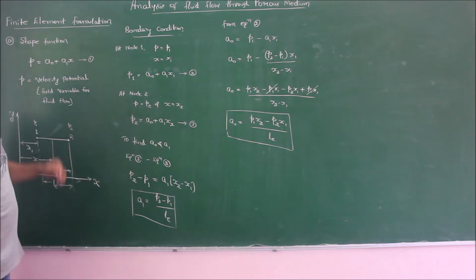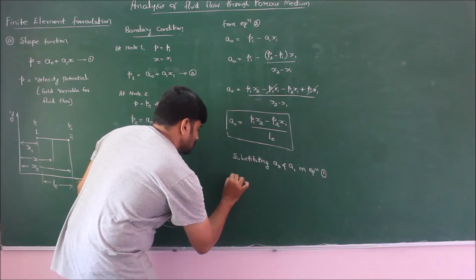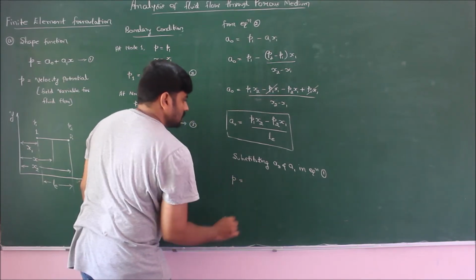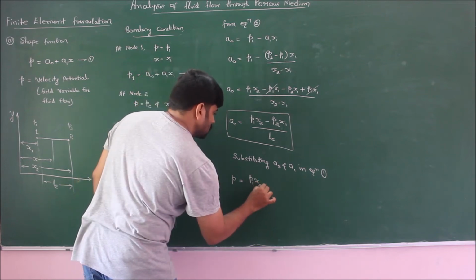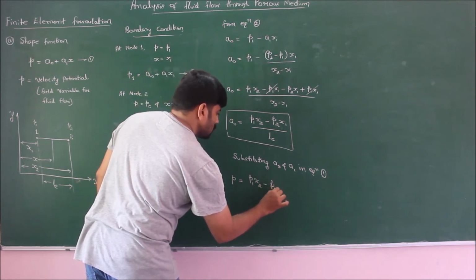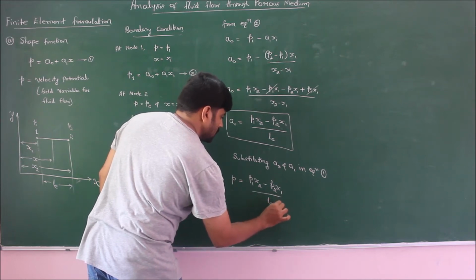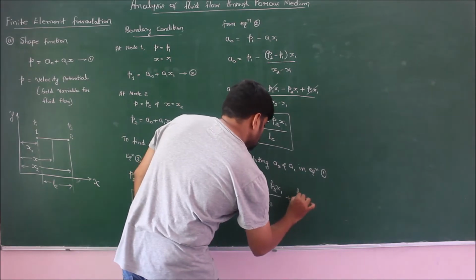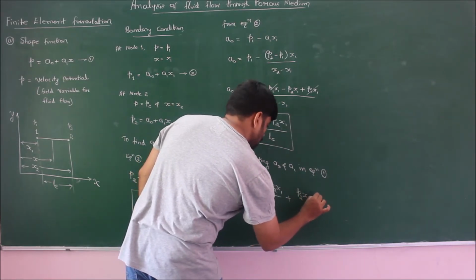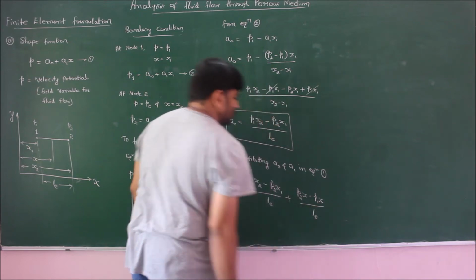Now substituting A0 and A1 in equation 1 and simplifying, I get the velocity potential P at any point in the element is equal to P1 x2 minus P2 x1 divided by length of the element plus A1x, that is P2x minus P1x divided by length of the element.